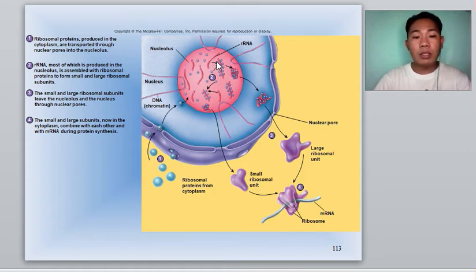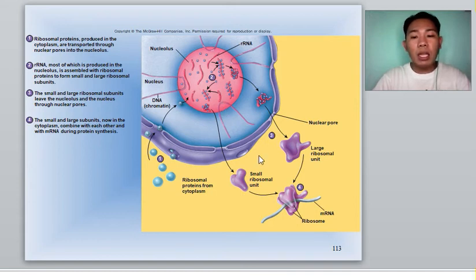So the rRNA, or the ribosomal RNA, most of which is produced in the nucleolus, is assembled with ribosomal proteins to form small and large ribosomal subunits.